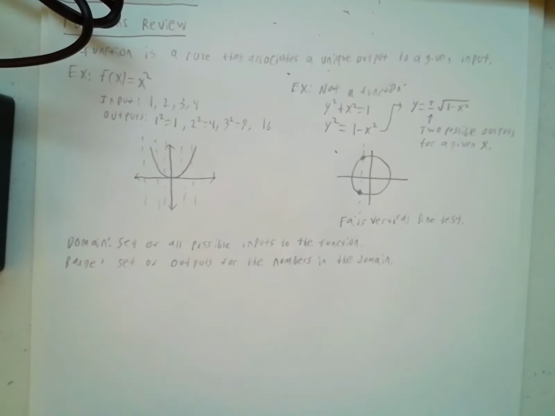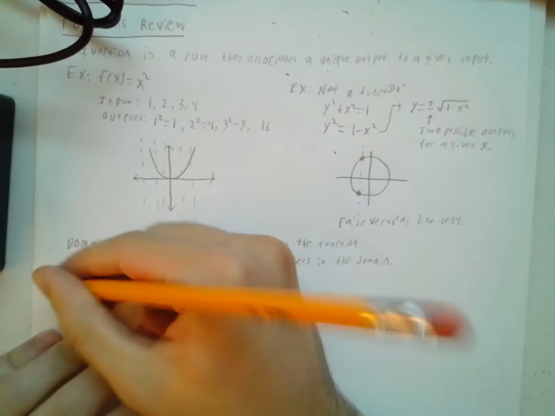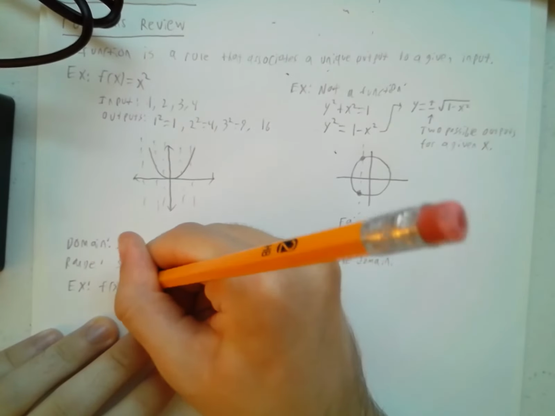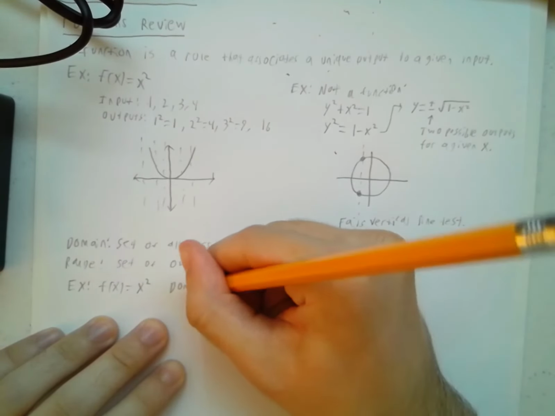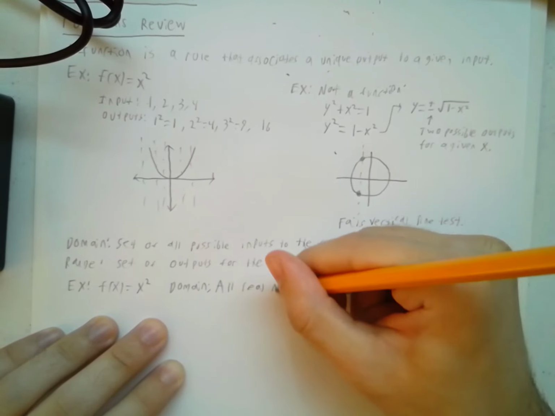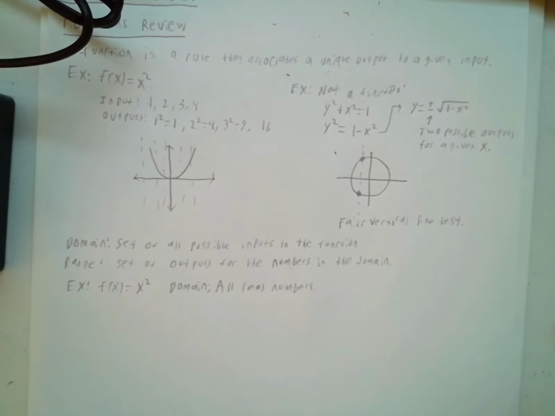So, for example, let's look at f of x equals x squared. The domain would be all real numbers, because we can plug in any number we want into this function, 1, 2, -1, 0, and it gives us an output.